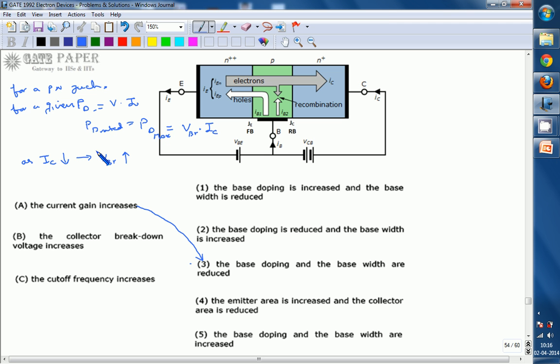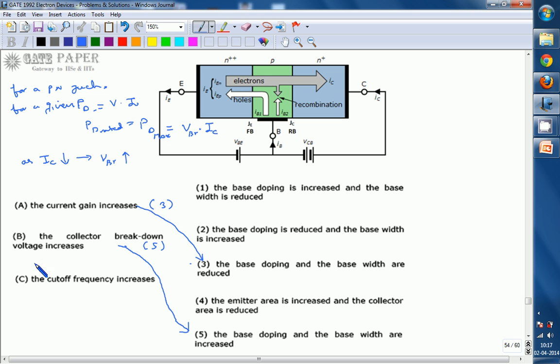That is the meaning. So breakdown voltage can be increased by reducing IC. Collector current reducing is nothing but base width and base doping concentration increasing. So B with 5. So A with 3 and B with 5.